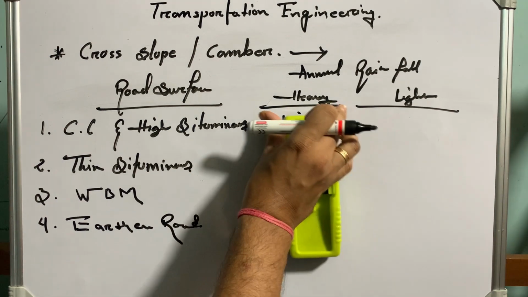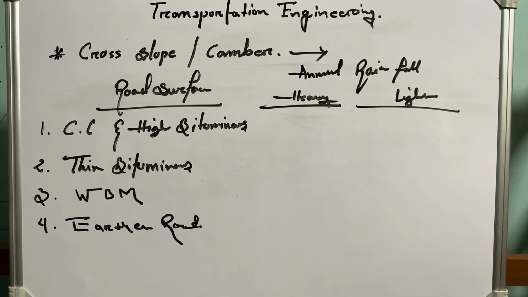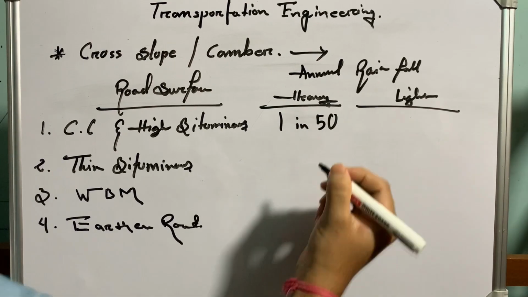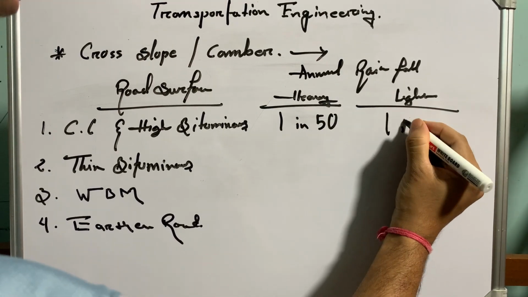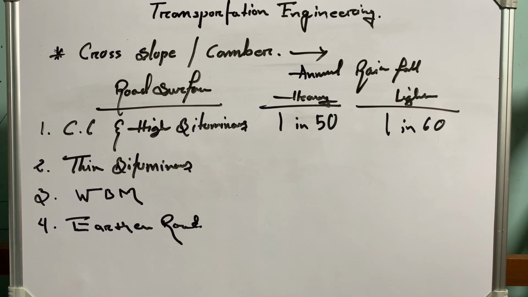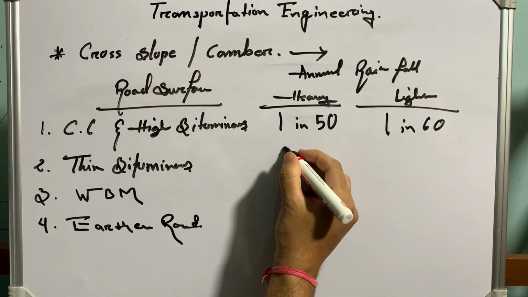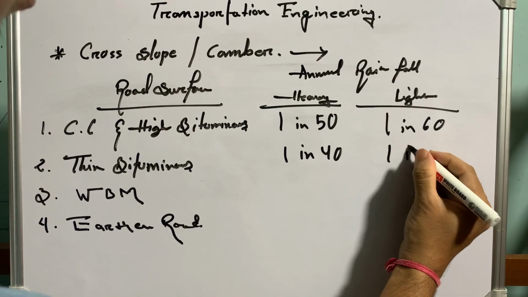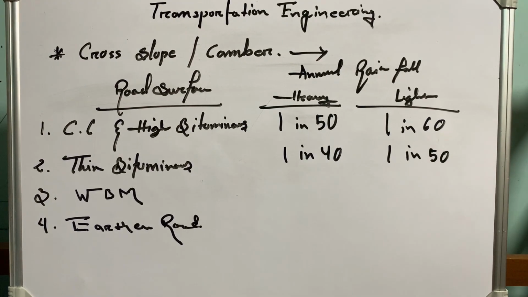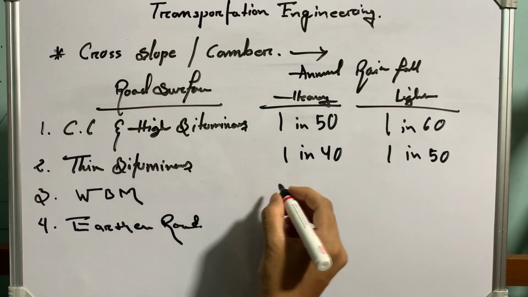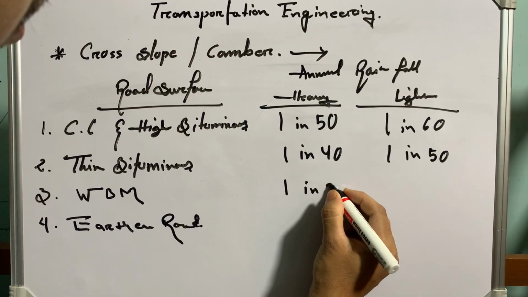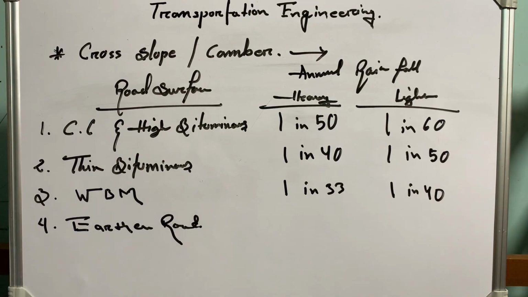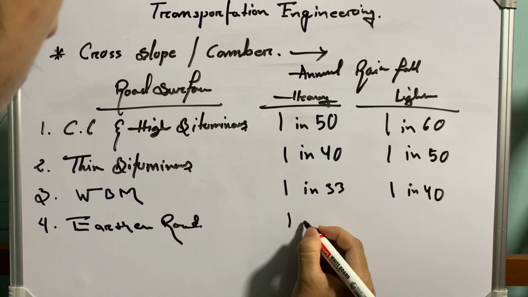Let's start with cement concrete and high bituminous. For heavy rainfall area, it will be 1 in 50. For light rainfall, it is 1 in 60. For thin bituminous, it is 1 in 40 for heavy and 1 in 50 for light. For WBM, it is 1 in 33 for heavy, and for light rainfall area, 1 in 40.